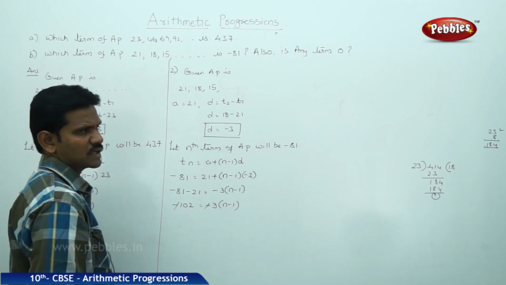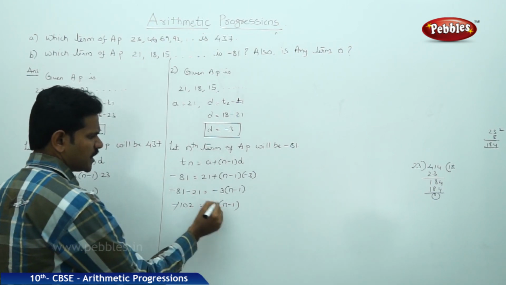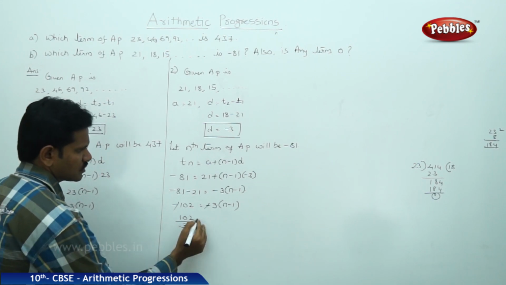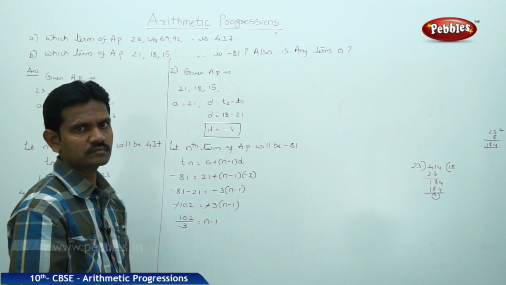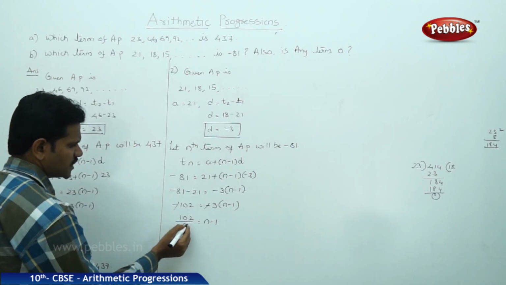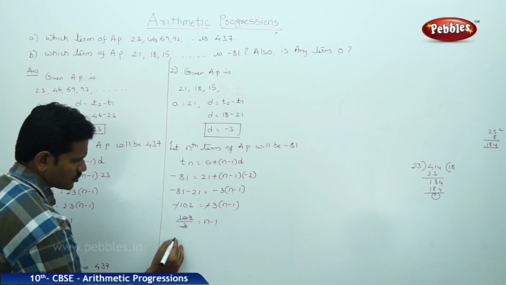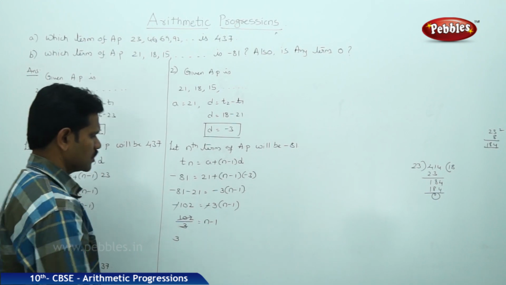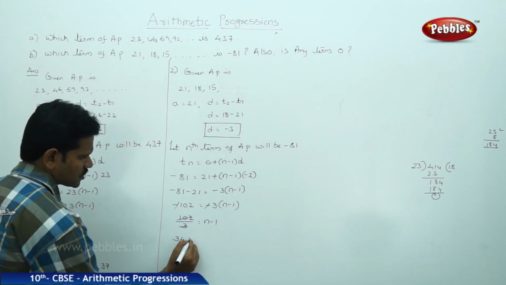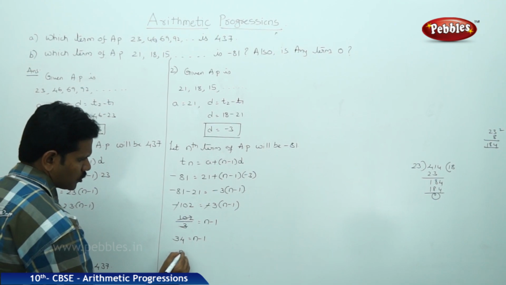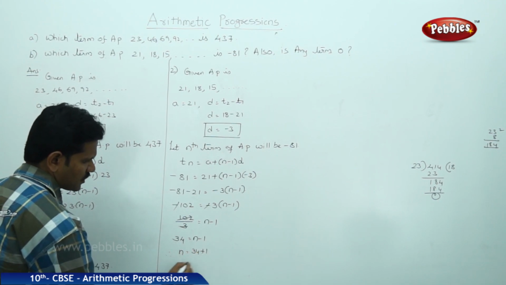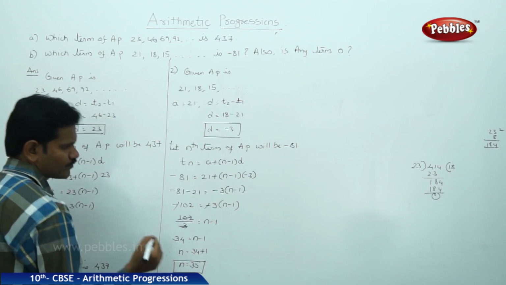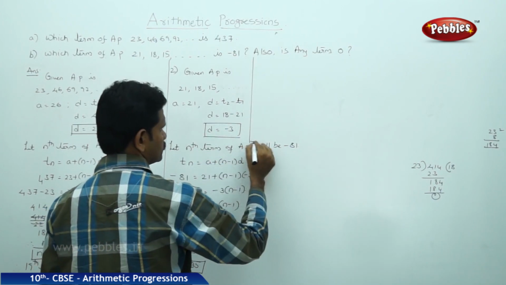Both sides minus minus get cancelled. Now the multiplication by 3 crosses the equal sign, that is 102 by 3 equal to n minus 1. Now 3 table, 102. 3 times 3 is 9, the remainder is 1 after 2, that is 12. 3 table, 12 cancels 4 times. So 34 is equal to n minus 1. Therefore n is equal to 34 plus 1. Therefore n is equal to 35. Therefore you conclude here.